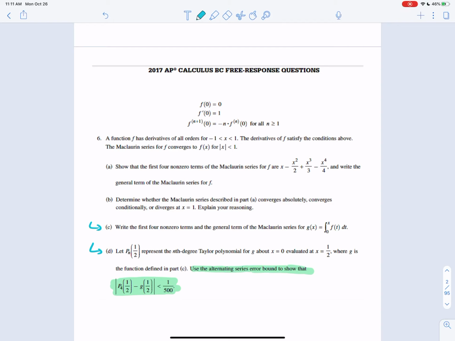Okay, so in part A, we have the series right here, and the general term. I forgot what it was. It's not in front of me. But in part C, they tell you to integrate F, which is where you would just integrate each term.